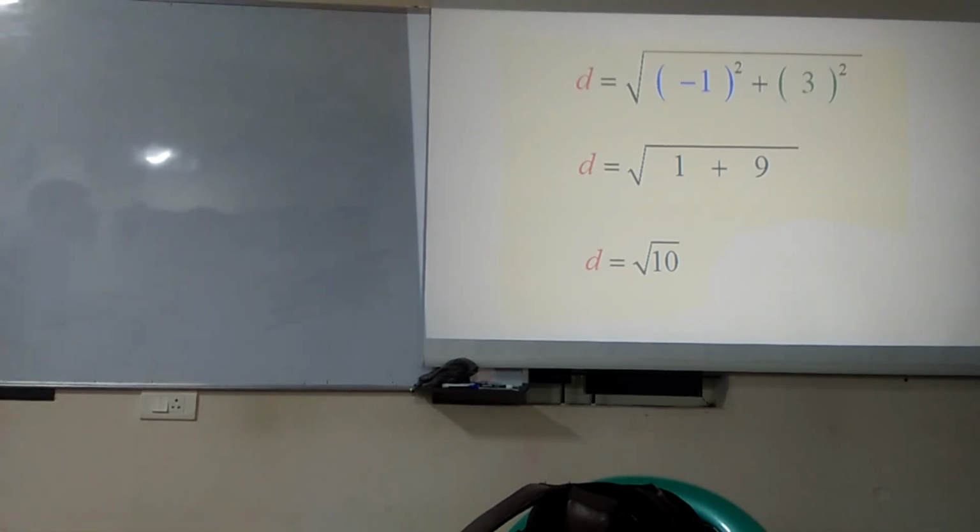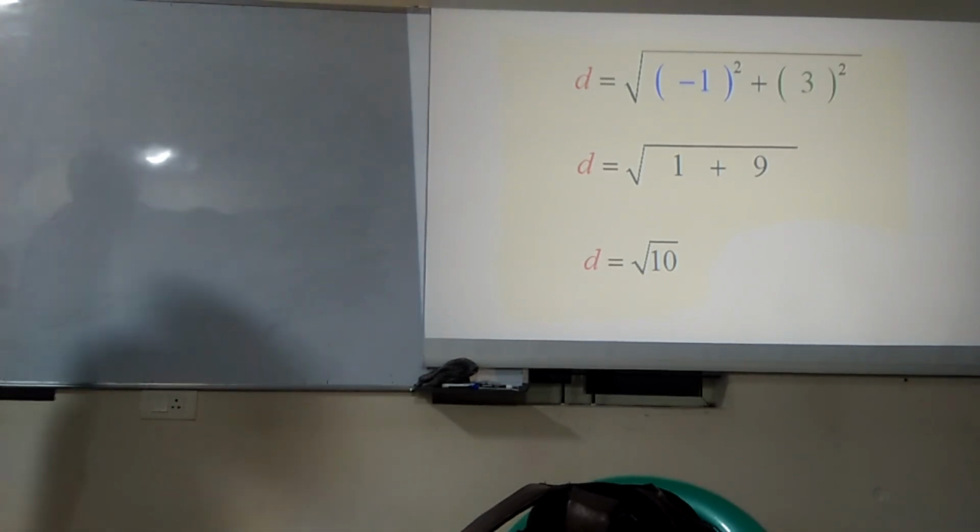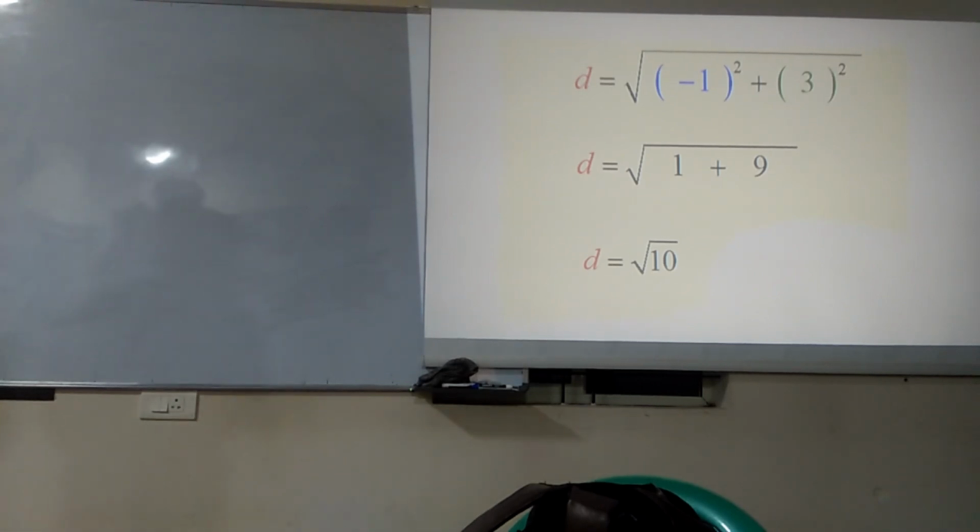What does it mean? Pair of coordinate axes means x-axis and y-axis. Understood the statement? To locate a point in a plane, you require a pair of coordinate axes. First point done. Next point.